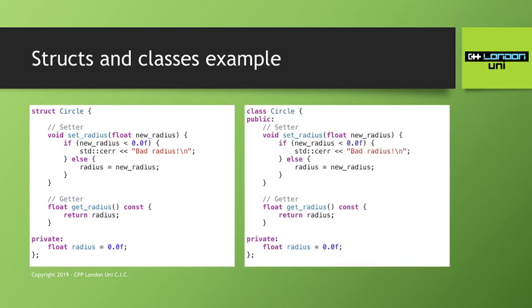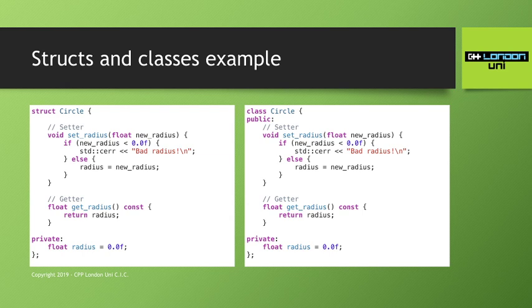But I could just as well have written it like this. So there are only two differences between these halves. On the right-hand side, I'm saying class, and then immediately opening the public section.